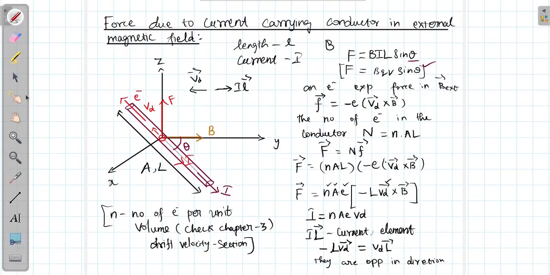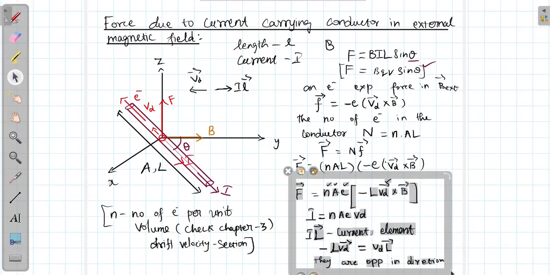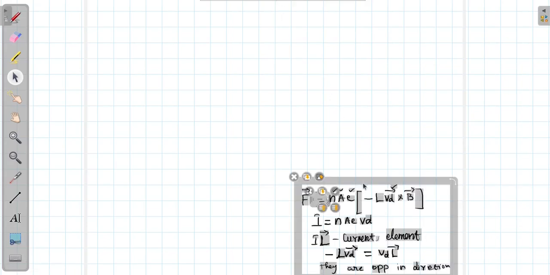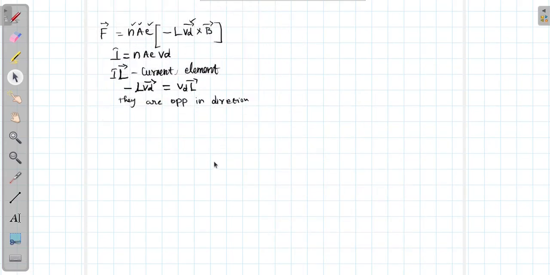Therefore, we just copy these terms again. So replacing this equation, F vector becomes NAE, the VD is taken out, and L vector cross B vector.